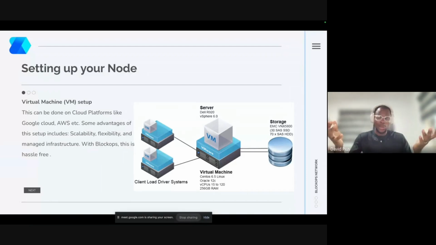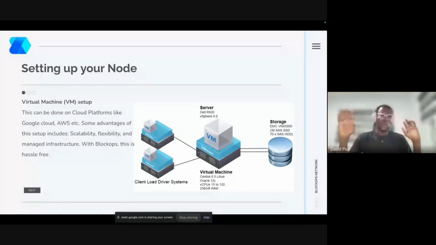And that's the good thing about what we do also at Blockops. Unlike if you go to all of these platforms, if you're not an infrastructure person or a DevOps person, you could just see some technologies that might not be compelling to you. But on Blockops, it's just clicks, and under the hood, we're doing all of those things for you.